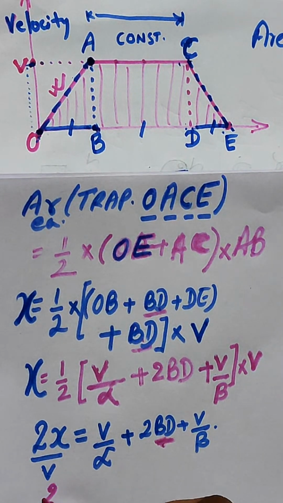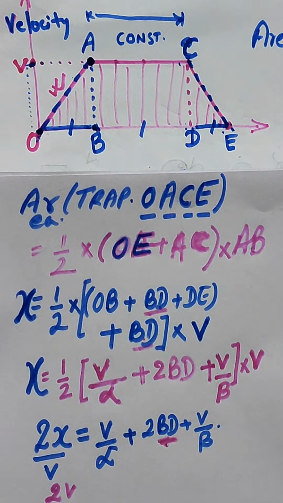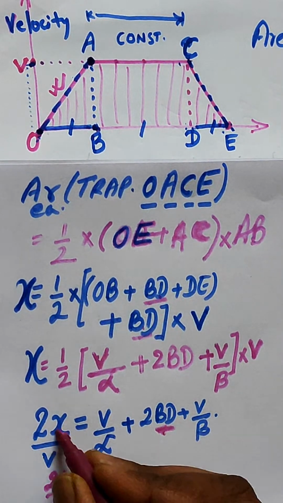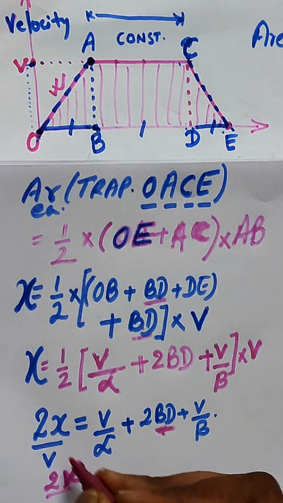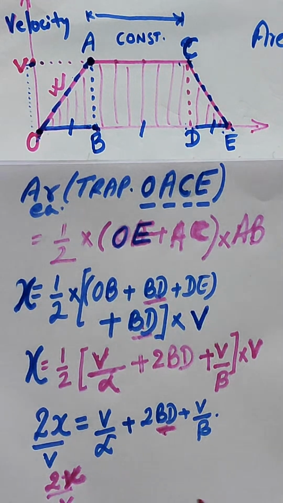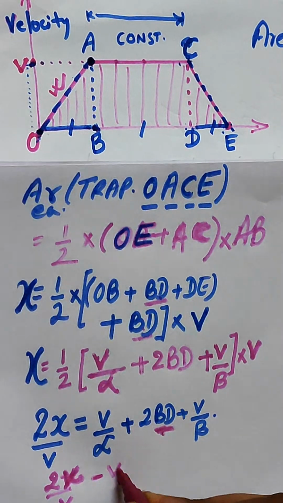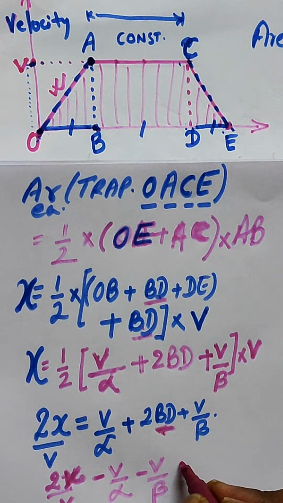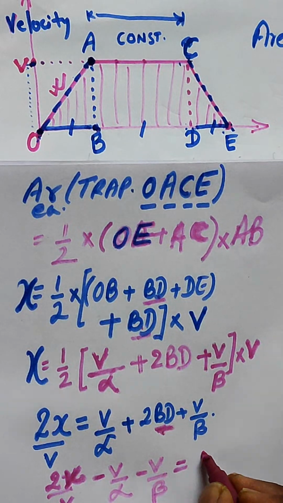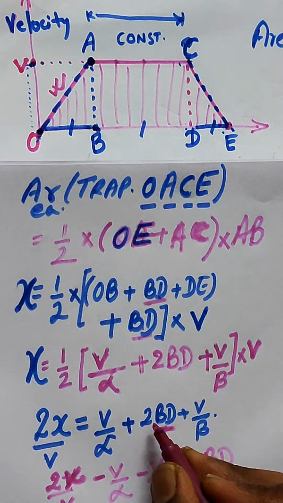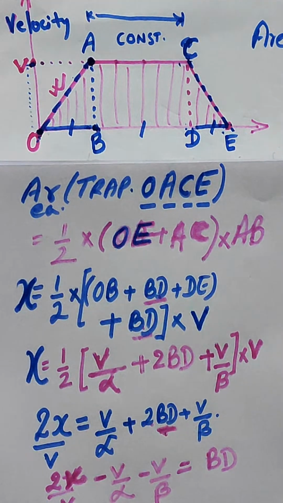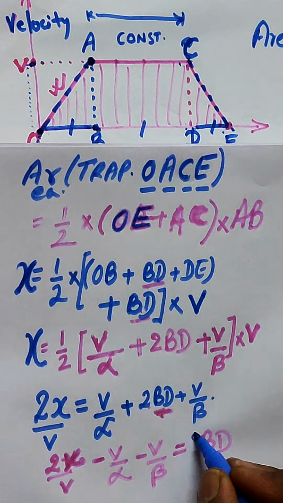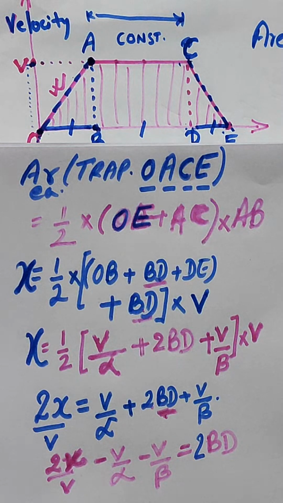So this will give you 2X by V minus V by alpha minus V by beta is equal to 2BD, and these two will be coming into the LHS. Just write it as it is.